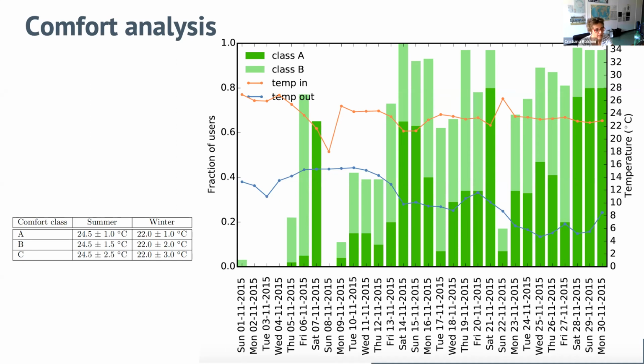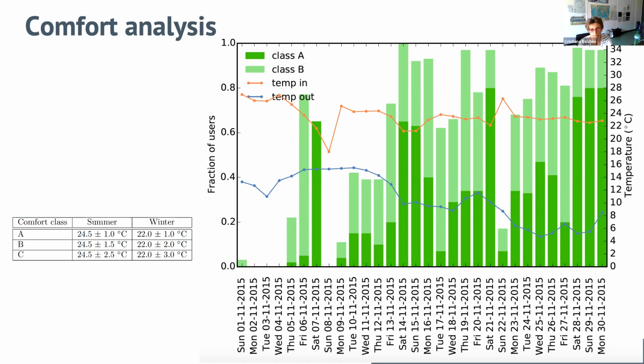Okay. Let me come possibly to the conclusions. So I'm almost there. If we look at the comfort, so the temperature that are kept into the various rooms, the analysis, besides what the user actually expresses, which is for sure very relevant, the other point of view is the same comfort analysis with respect to regulations.